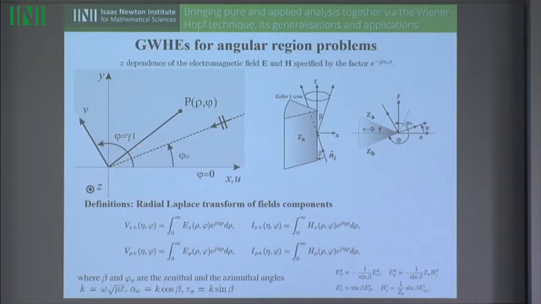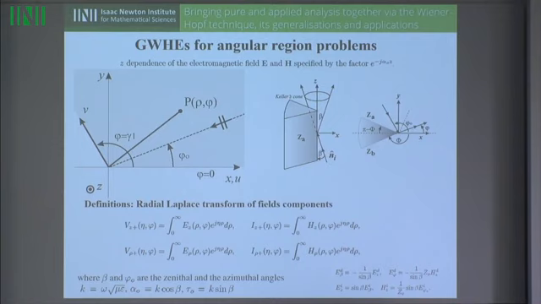And these are shapes of the problems with wedges, and we have a z dependence that is of this form, exponential of minus j alpha 0 z, and beta is the zenithal angle for skew incidence, phi 0 is the azimuthal angle of incidence for a plane wave, and here we have the propagation constants in terms of material parameters, and alpha 0 and tau 0 as the propagation constants along z and rho.